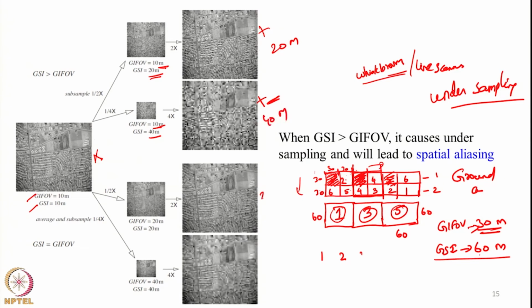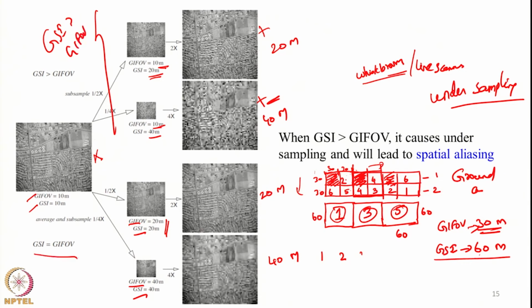This is also an example of a 20 meter pixel image and a 40 meter pixel image, but the GAFOV size is made equal to GSI. So, in these two cases the GSI was much larger than GAFOV. In these cases the GSI is equal to GAFOV. Let us label these images as A, B, C, D. Pixel size of A and C are equal, but if you look at the image, C appears a little bit better than A. A has a lot of points of discontinuities.